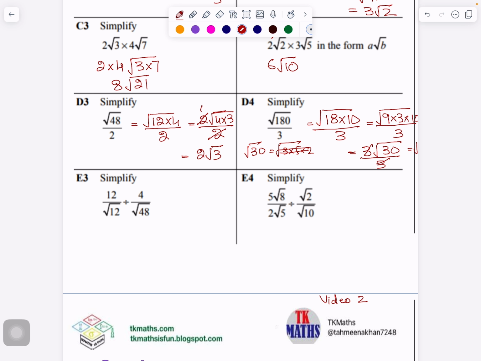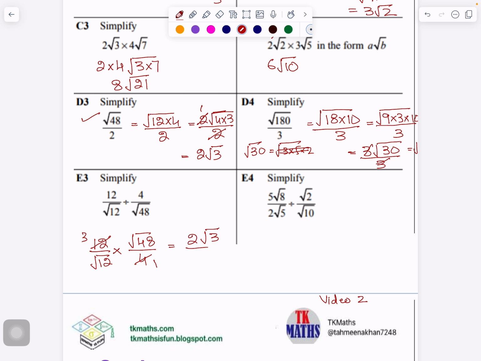If you see this one, this is a division sign here. So we know that in division we can flip. So I will do root 48 over 4. So 4 ones are 4, 4 threes are 12. And root 48 we have just seen in this part is equal to 2 root 3.